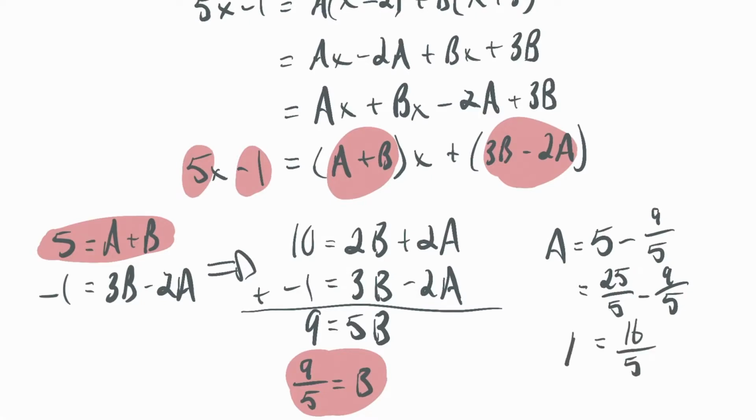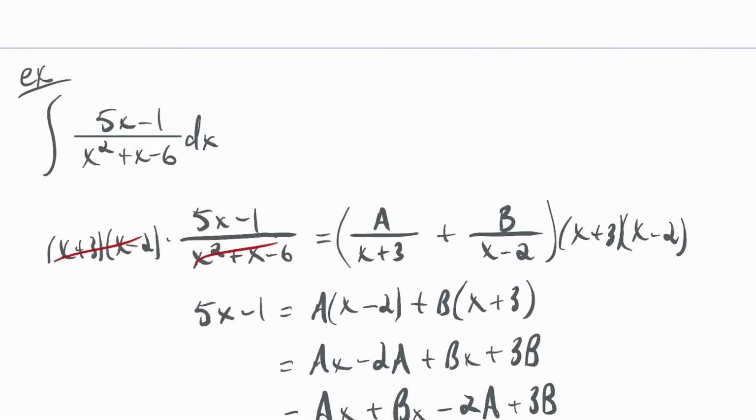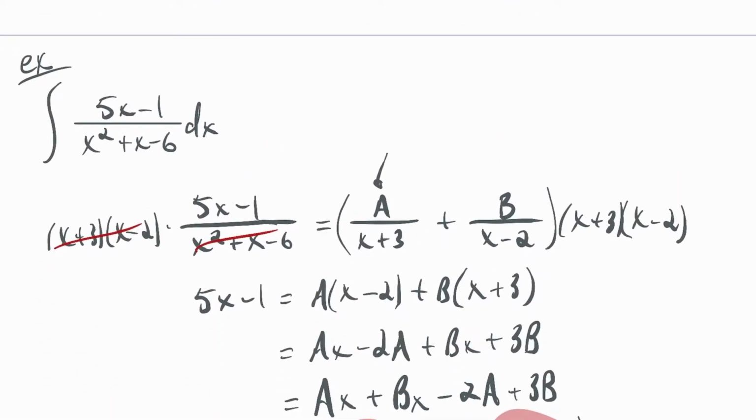Okay, so there is a. I have a number for a and I have a number for b. So this is 16 over 5. This is 9 over 5. And that completes the decomposition.